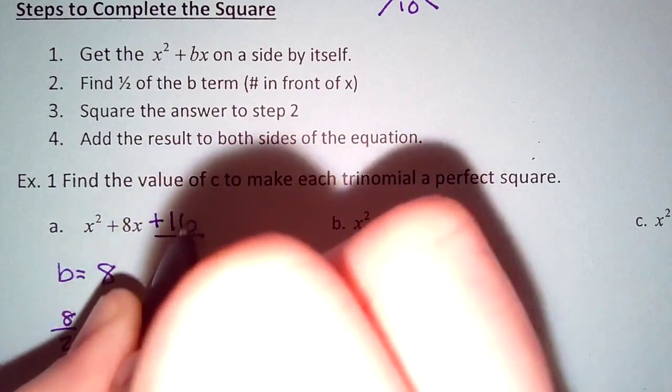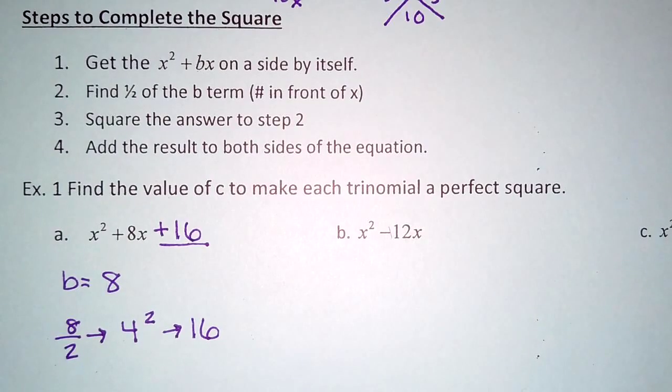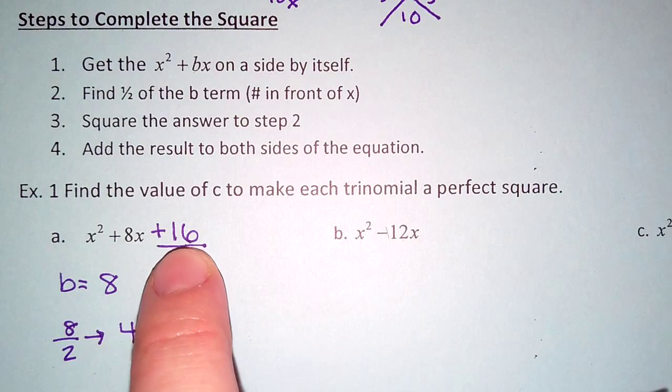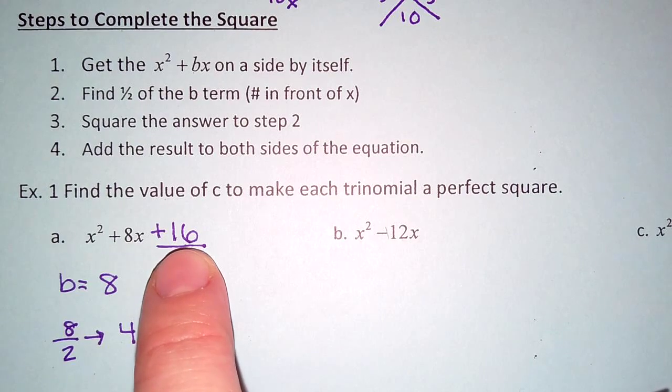So if I put plus 16 on the end here, we've made a perfect square trinomial. That's just like the very first step of what we're going to be doing. So we're just practicing finding what would make this a perfect square trinomial.